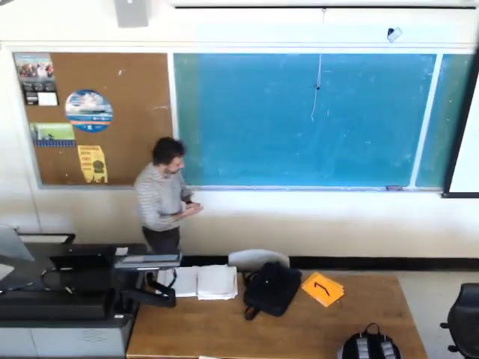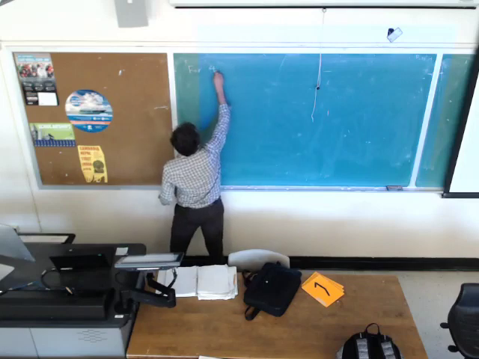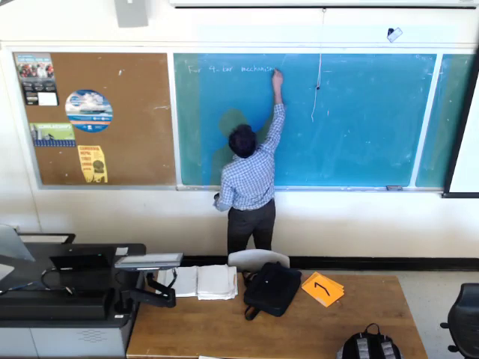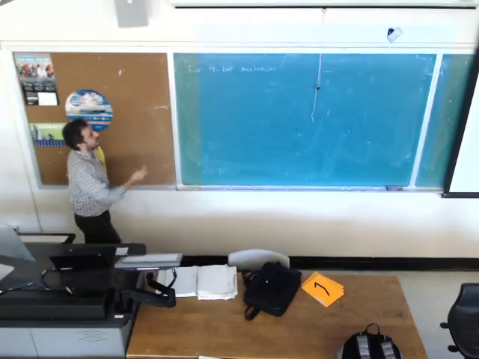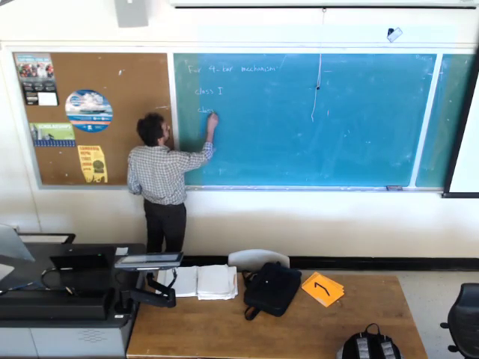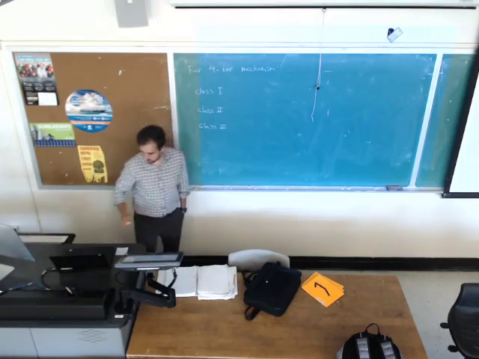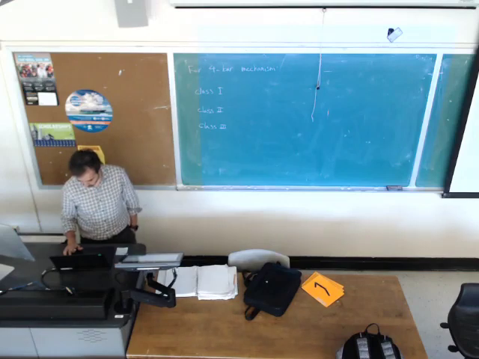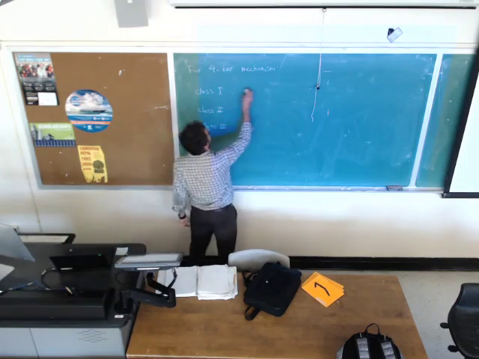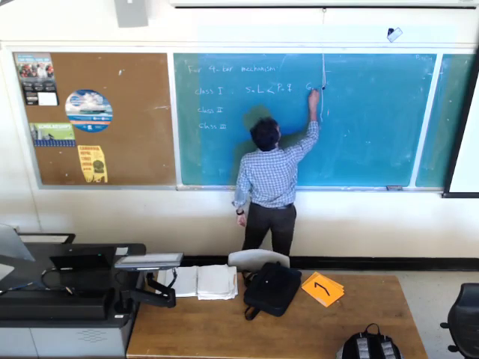All right. For the 4-bar mechanism, we define 3 classes. Class 1 is when the shortest link plus the longest link is less than P plus Q. It's a Grashof mechanism.